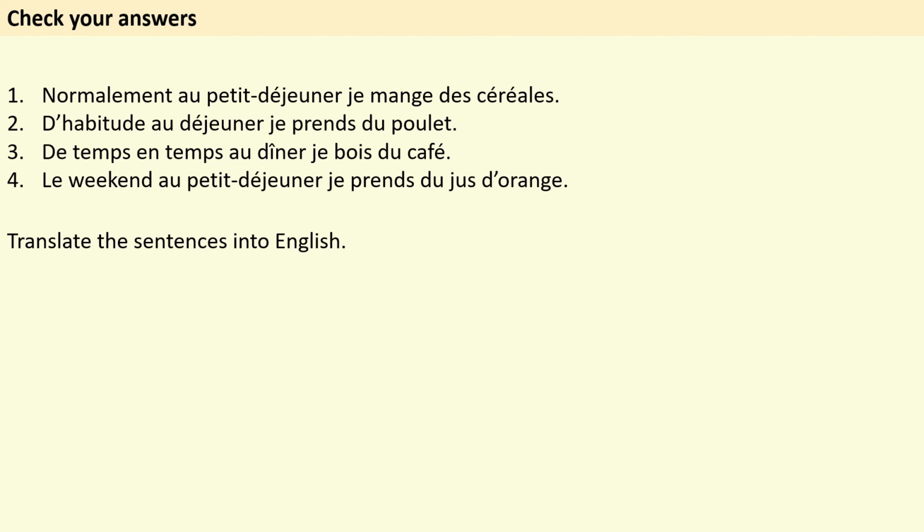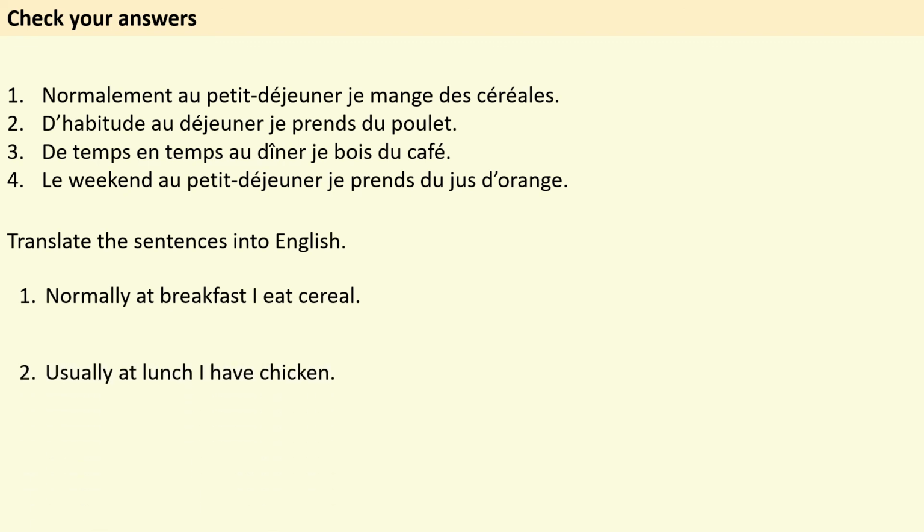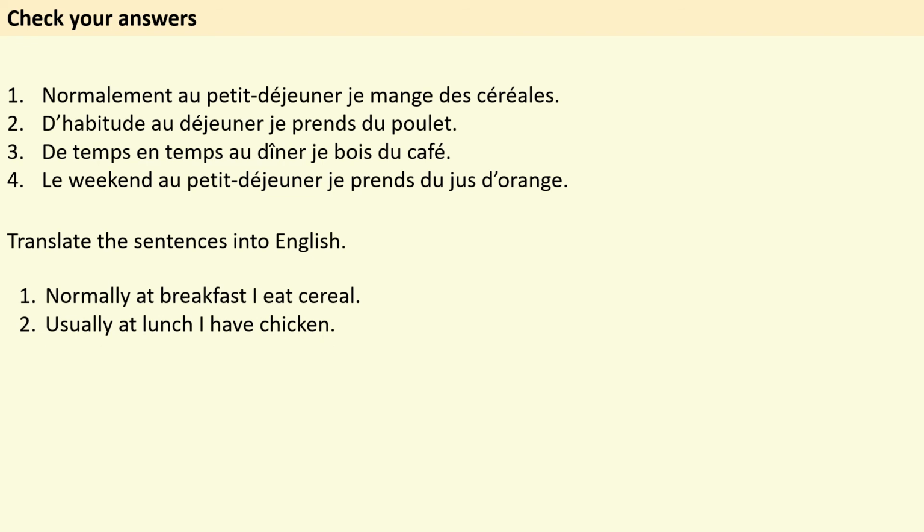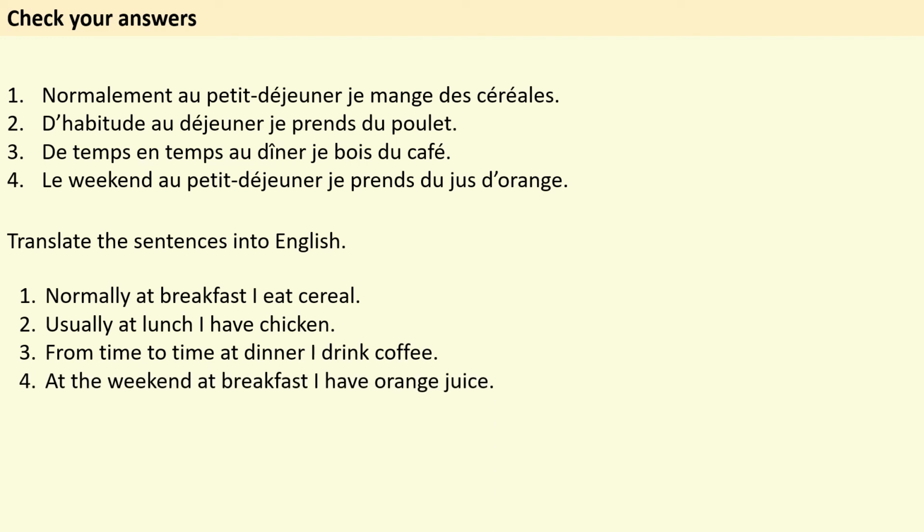Okay, you ready for the answers? Here we go. 1. Normally at breakfast I eat cereal. 2. Usually at lunch I have chicken. 3. From time to time at dinner I drink coffee. And 4. At the weekend at breakfast I have orange juice.